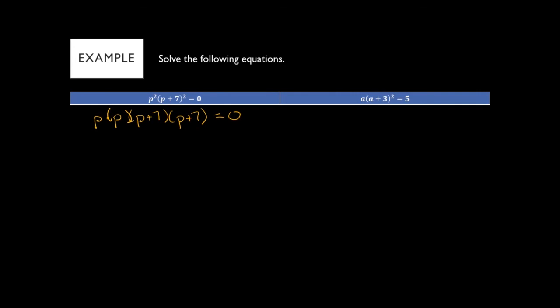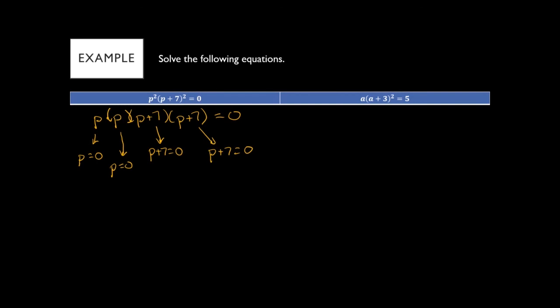So now we've got a series of multiplications equal to 0, so you can set each factor equal to 0 using the zero product property. This p gives us p equals 0. This p gives us p equals 0. This gives us p plus 7 equal to 0. And then we also have p plus 7 equals 0.